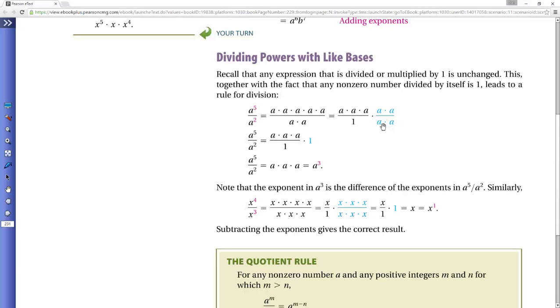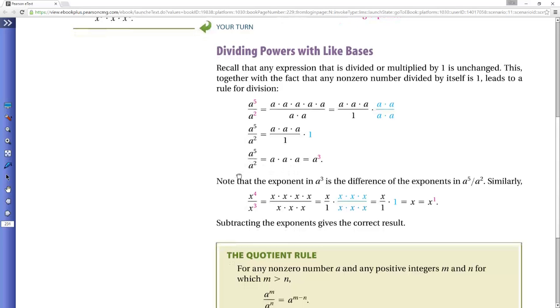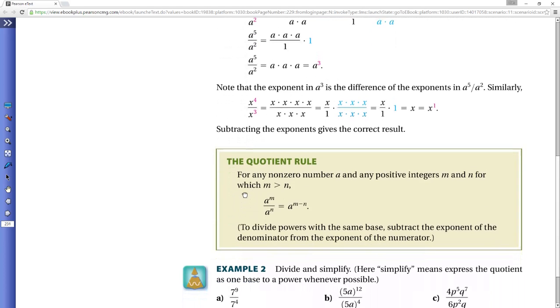So what they're really doing is simplifying the fraction, and they want you to notice a pattern here again, is we ended up with a to the 5th over a to the 2nd, and they want you to recognize, hey, that looks like it's 5 minus 2 is equal to 3. Maybe I have a shortcut here of subtracting exponents, and yes, you do.